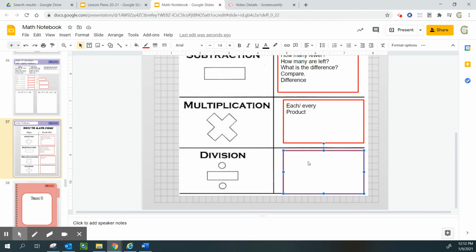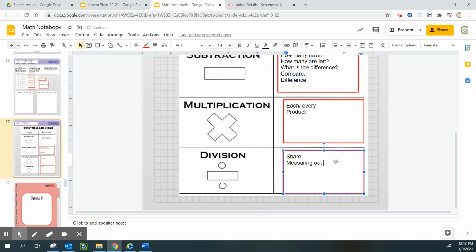And then division, when I think about division, a lot of times you're going to see a problem that asks you to share things, right? So, we have a bill at the restaurant that was $100 and we are sharing it between 5 friends. How much does everybody have to pay? So those kinds of things. The other thing that I think about is measuring out.